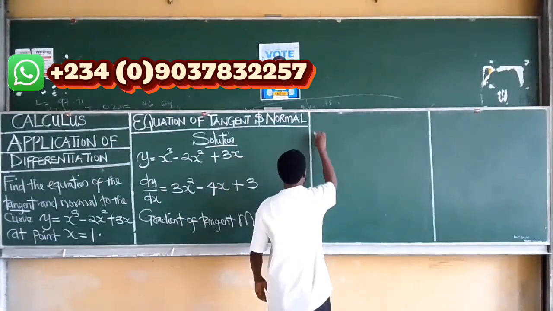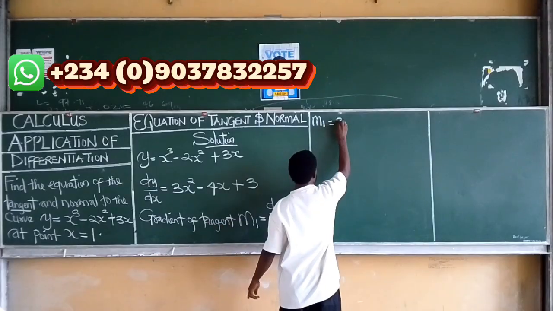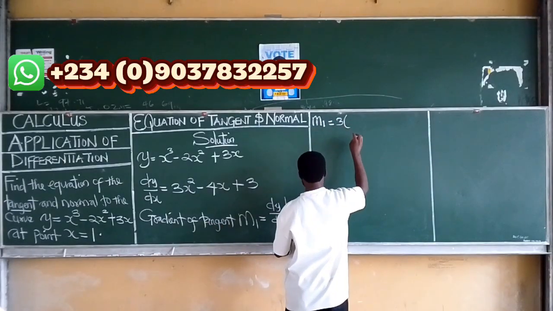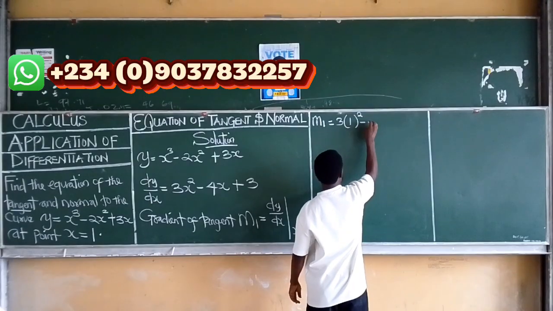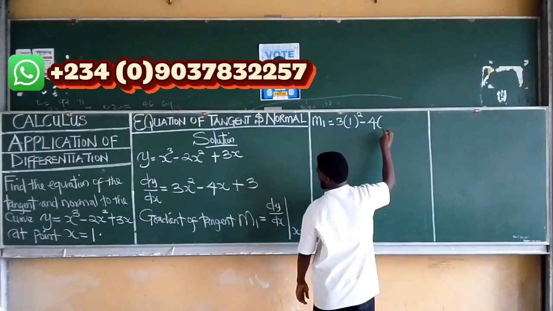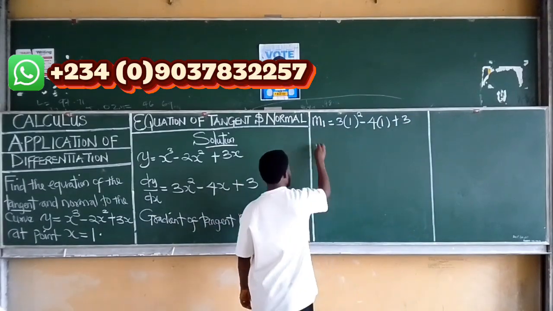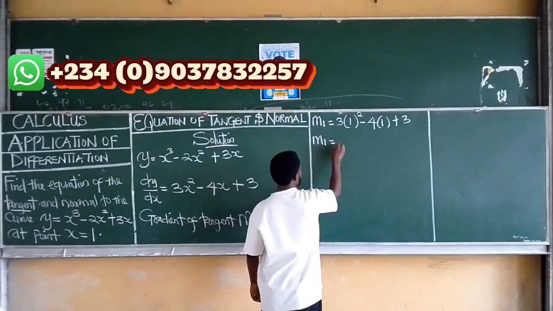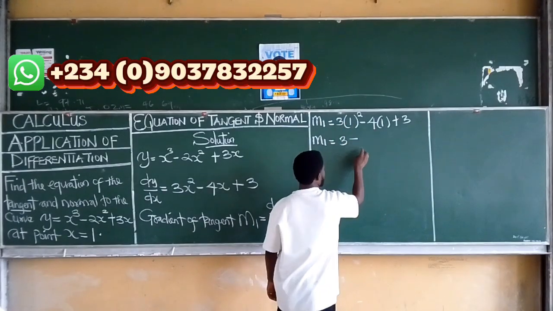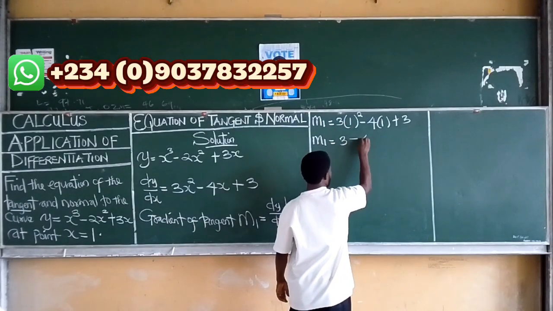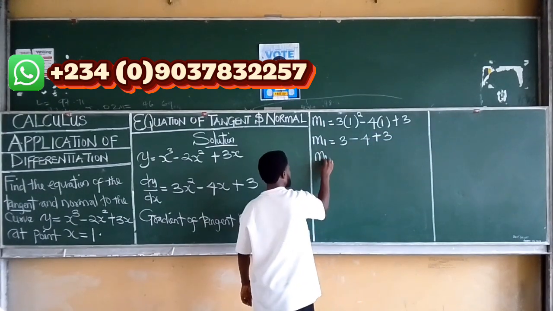So m1 will equal 3 times (1) raised to the power of 2 minus 4 times (1) plus 3. So m1 is equal to, this raised to the power of 2 is 1, times 3, minus 4 times 1 is 4, plus 3.